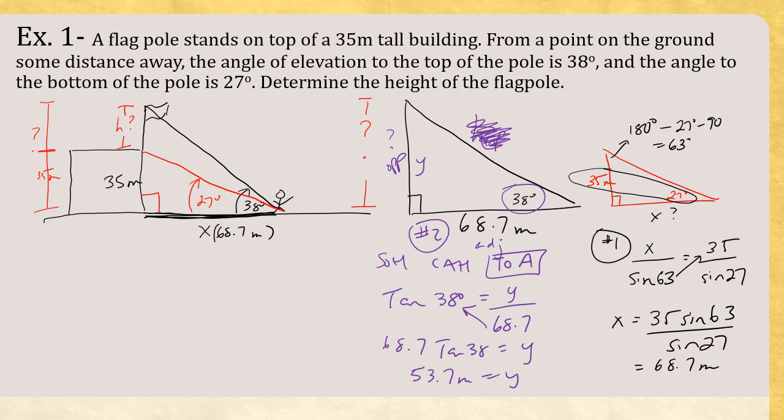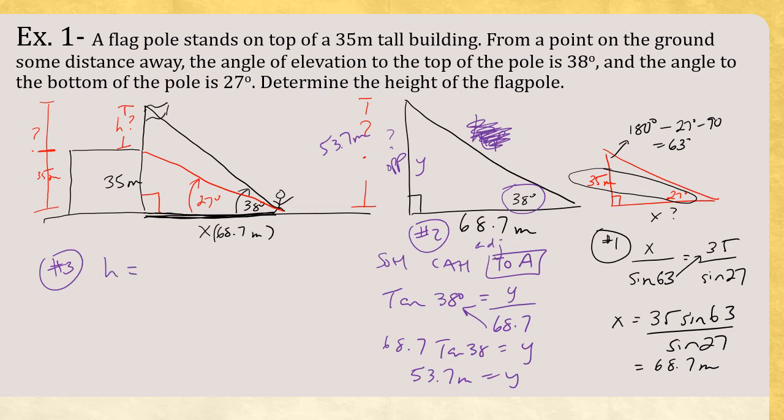So we just calculated that this whole distance from the ground to the top of the flagpole was 53.7 meters. And remember, our game plan is to find the height of the pole. Well, if I know the whole distance is 53.7, and I know the building is 35, all I have to do is subtract. So step number 3 here.